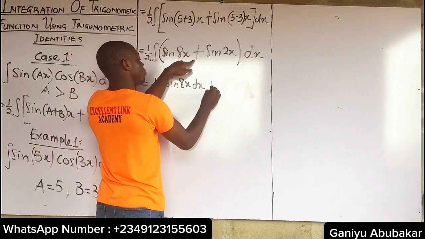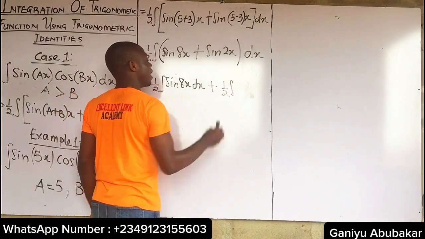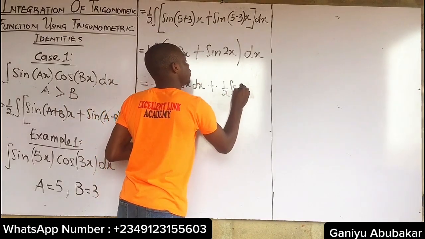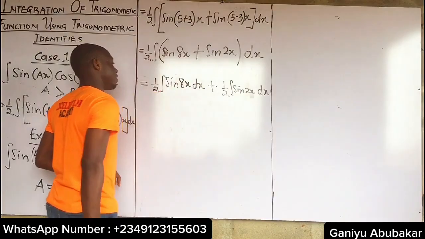Here's a plus sign. Pick out half and integral again, next sine 2x with respect to x.